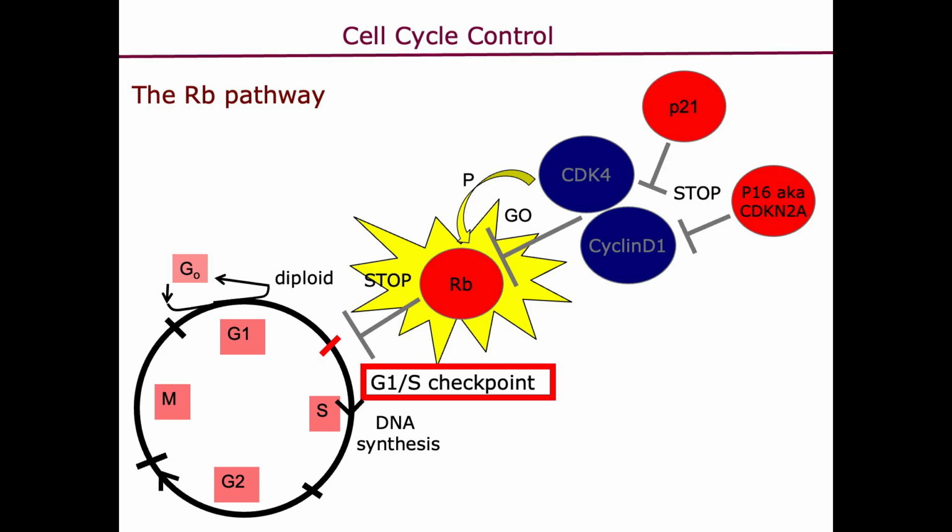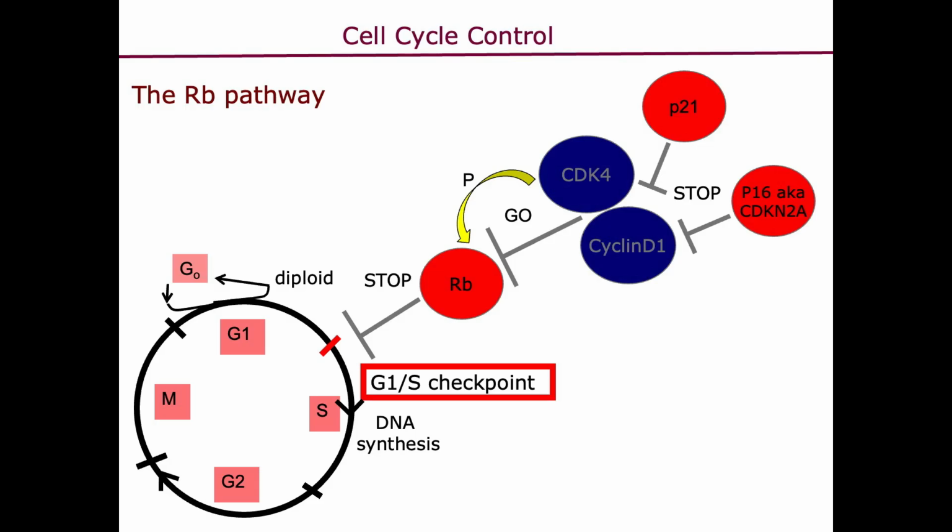The RB protein holds the cell cycle closed, shut, but it's inactivated by phosphorylation, and that phosphorylation is done by a complex which includes typically a cyclin-dependent kinase, a CDK, and a cyclin, such as cyclin D1.